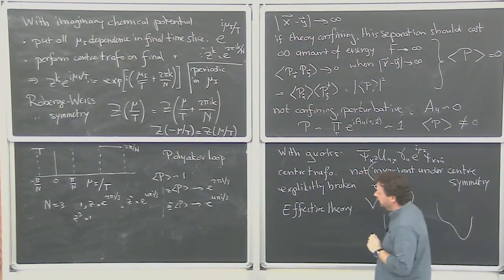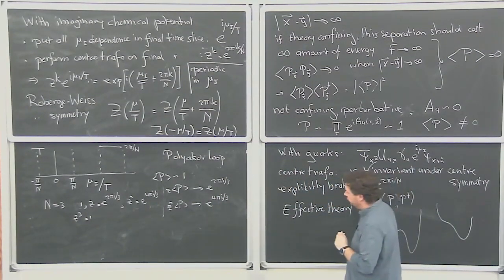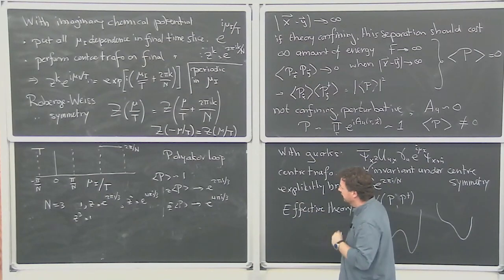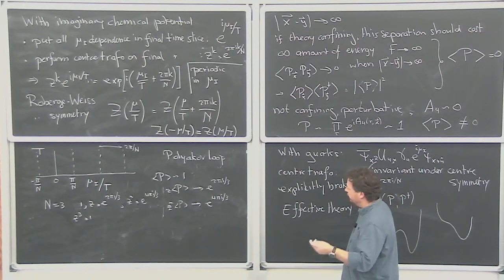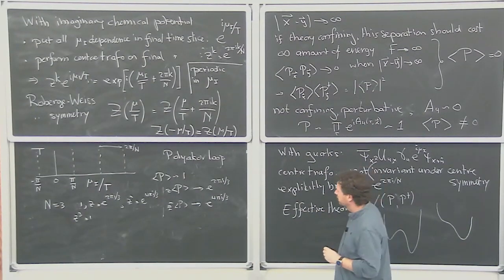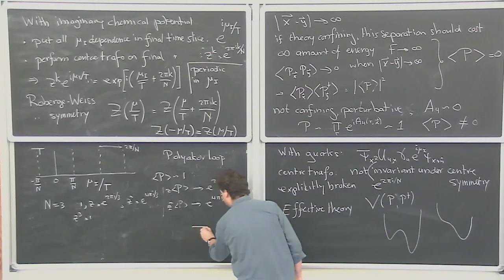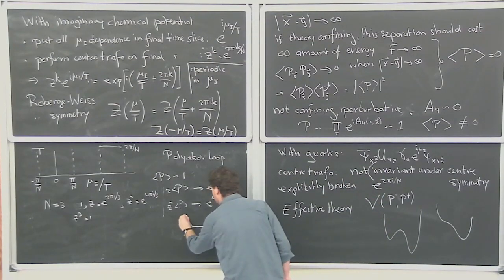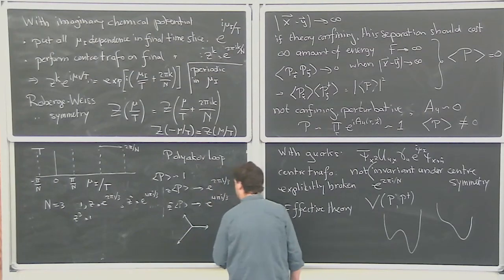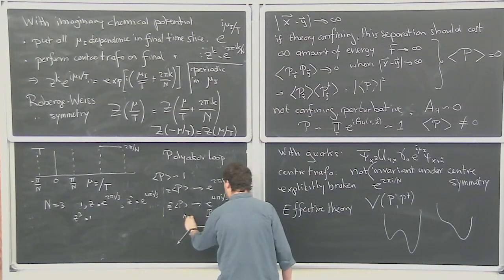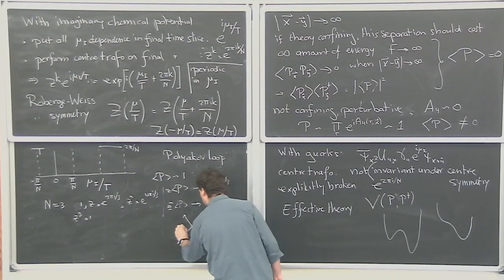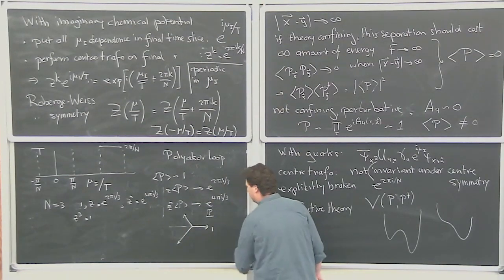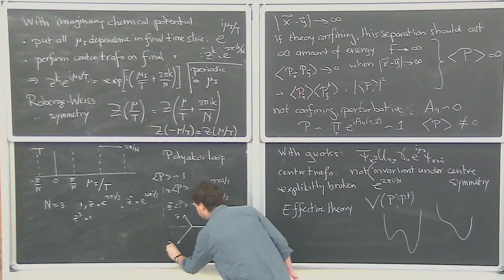And so either by doing a center transformation or increasing the imaginary chemical potential, this Polyakov loop has these 3 possible directions. So in the complex Polyakov loop plane, we can either have 1, we can have z, or we can have z squared.